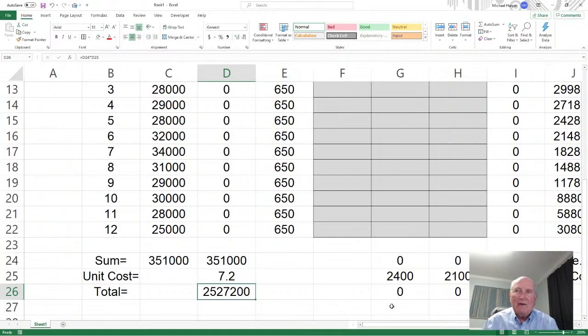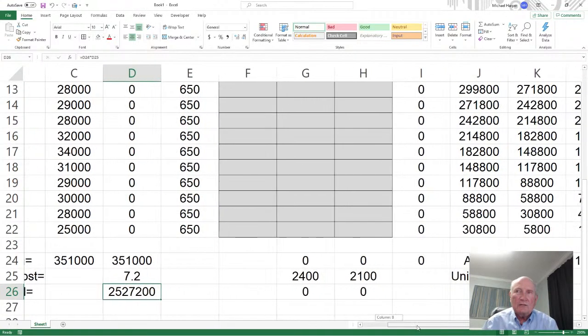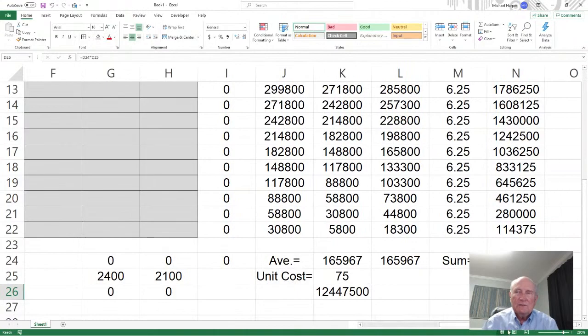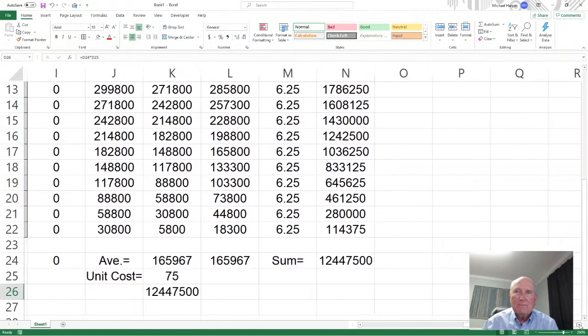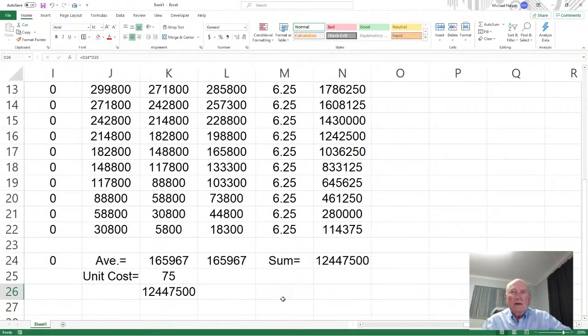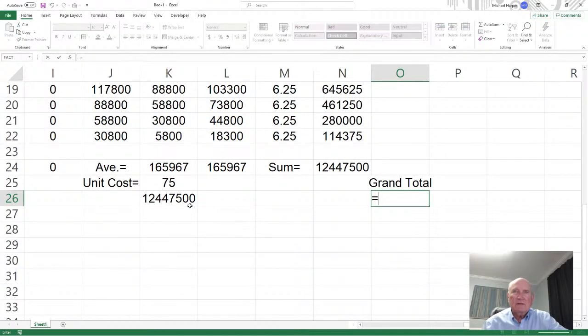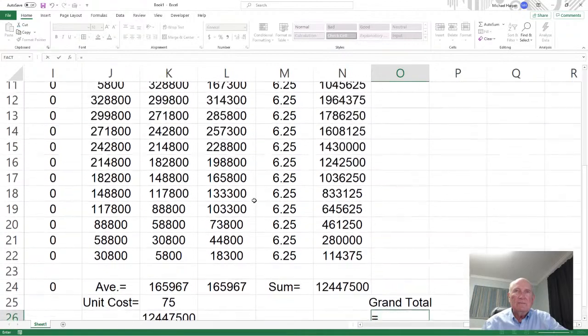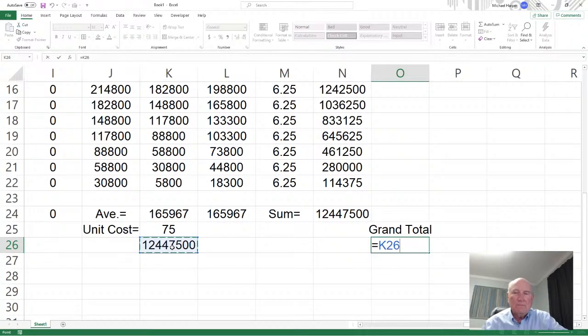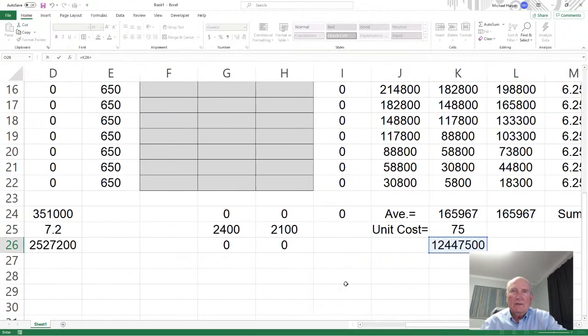Now I need all my costs, to get the total cost, because this is what I'm going to be minimizing. So over here on the right, let's say grand total equals this, my carrying cost, plus, come back over here, my firing plus my hiring plus my direct labor cost.